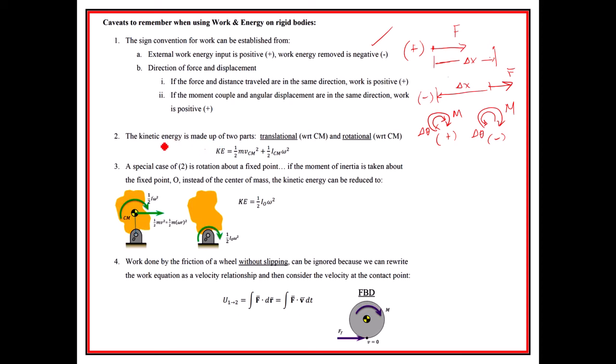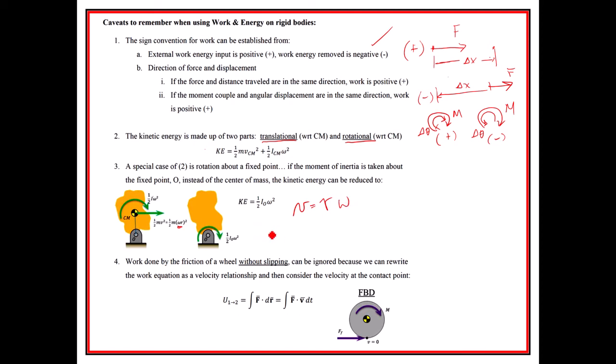When you have two parts, the translational and the rotational, you can connect them together by saying, in this case right here, that v is equal to r omega.